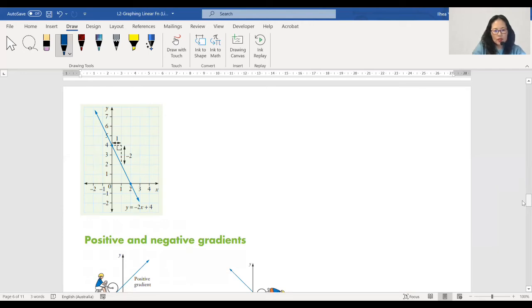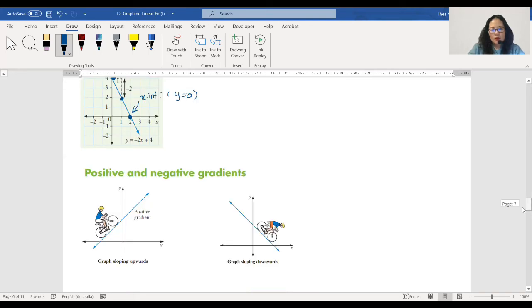And also, here it is, our x-intercept. The x-intercept is when y equals 0. Just remember that. So we really need 3 points, don't we? That's my y-intercept, that was my gradient, and that's my x-intercept. And then we join them together.